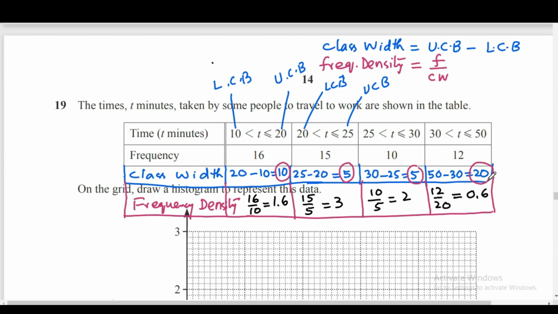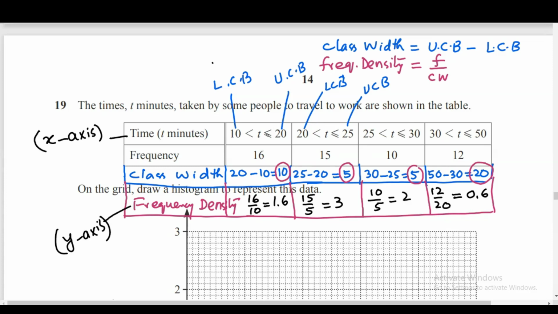Now, since the data was for unequal class width, we have to plot frequency density on the y-axis and time on the x-axis, or you can say class boundaries on the x-axis.